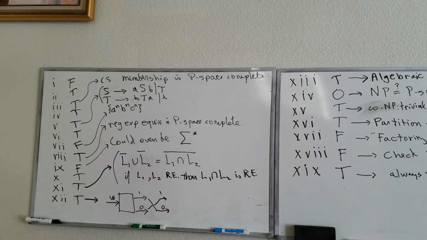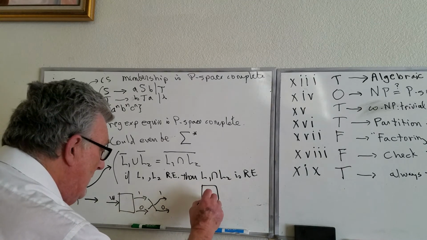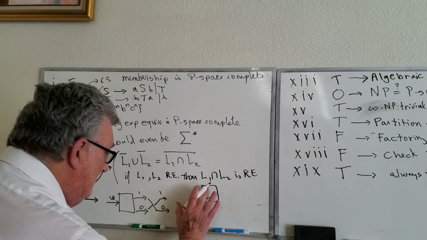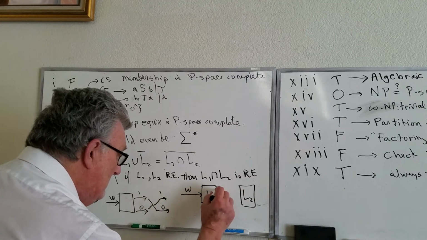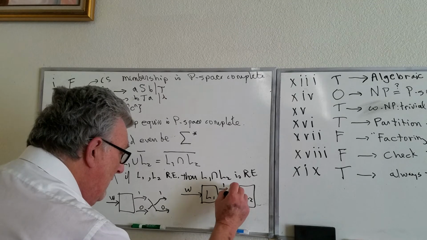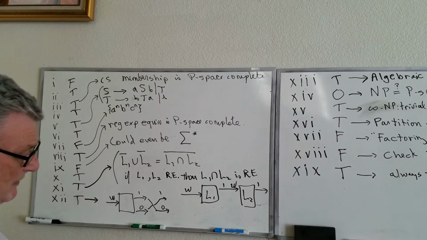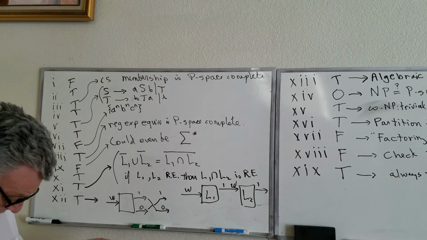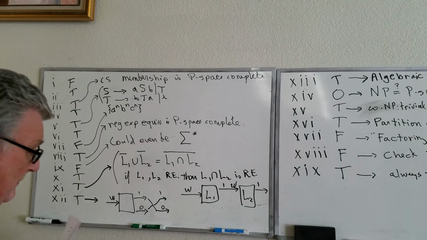Because a recursively enumerable language is accepted by some machine, which means that if you have a string, and you have a machine that accepts L1 and a machine that accepts L2, then you put in your string here, and if it comes out 1, then you put the same string into here and see if that comes out. So if the string is in the union, no, I was thinking of intersection.